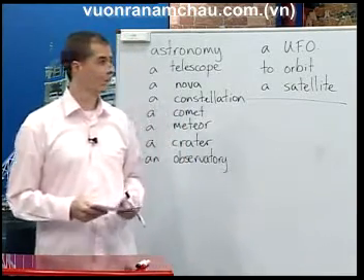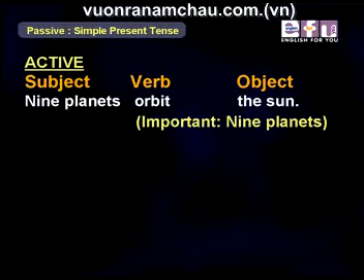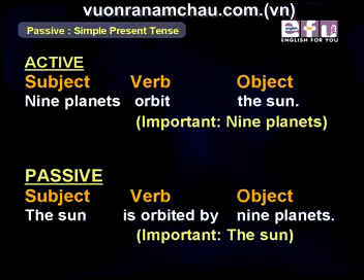Let's look at this example. 9 planets orbit the sun. Now, in this sentence, 9 planets is the important thing for the sentence. In the passive voice, the sun is orbited by 9 planets. So the sun is the important thing in this sentence.